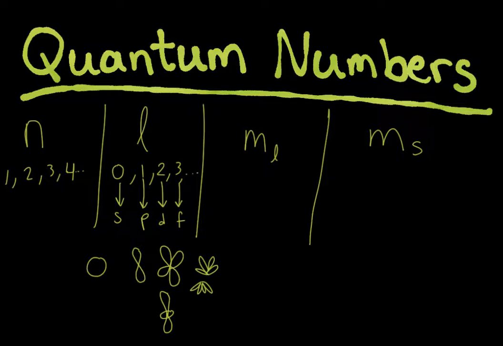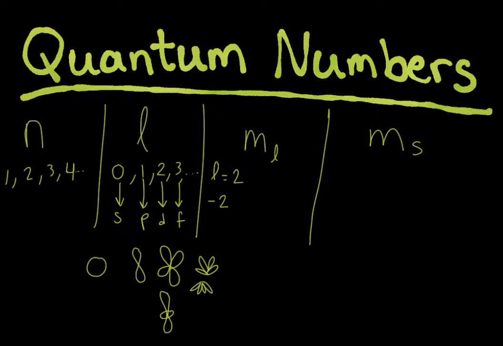Okay, and then the M sub L. The M sub L is the magnetic quantum number. Depending on whatever the L is, the M sub L is a range from positive L to negative L. So let's say L is equal to 2. That means M sub L could be from negative 2 all the way to 2.